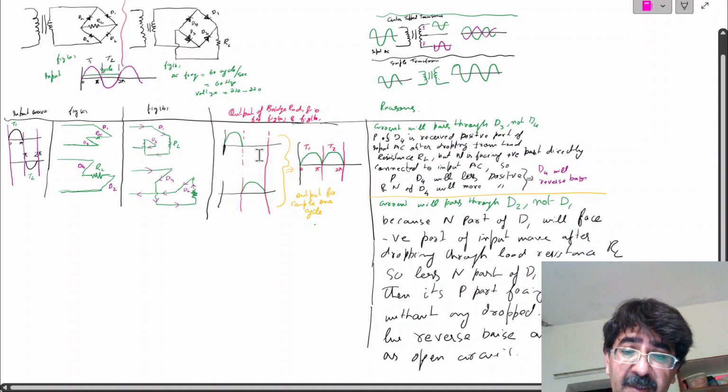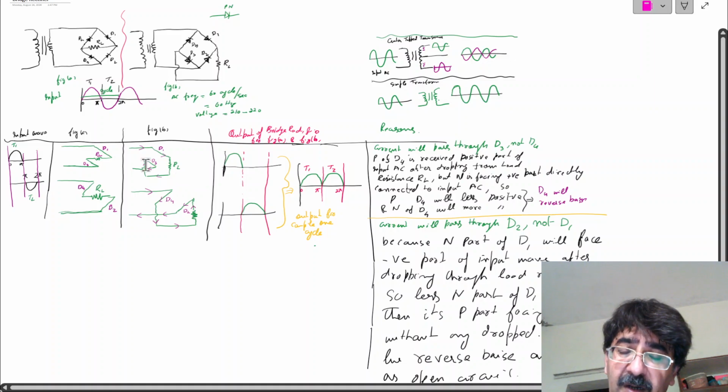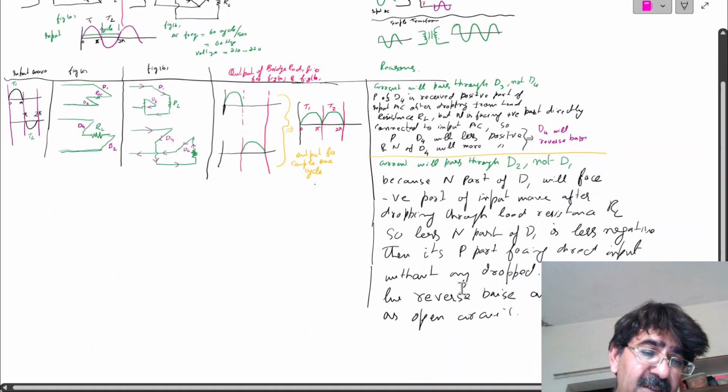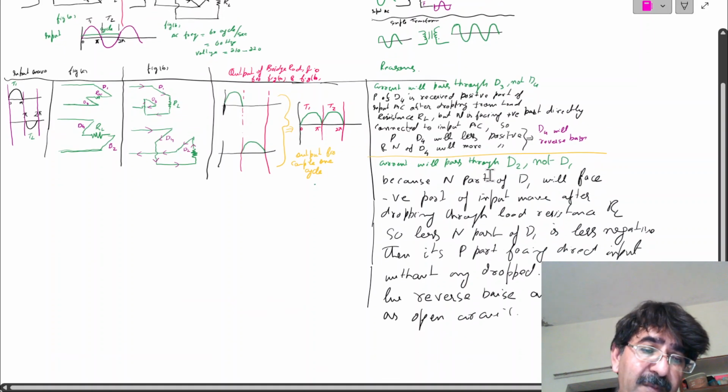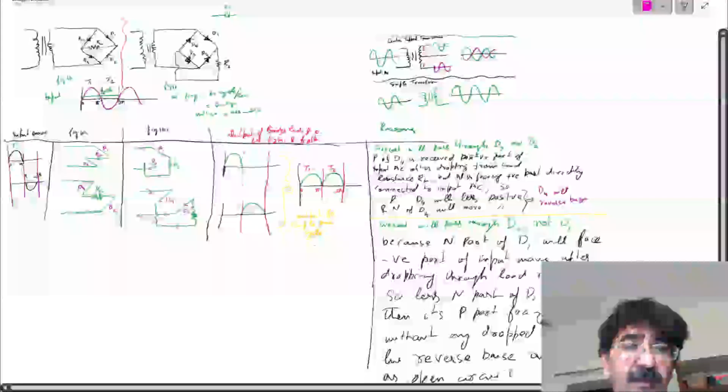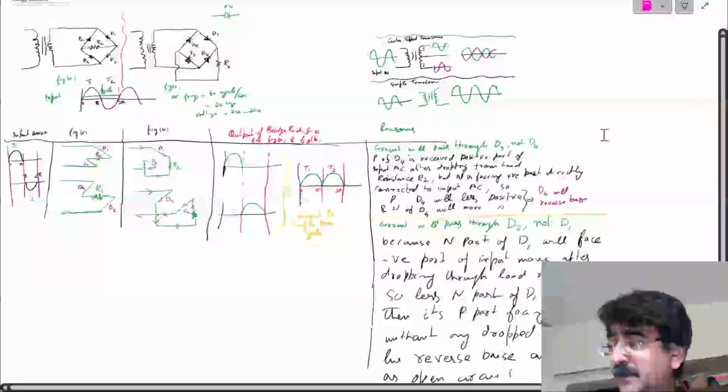Fig A represents this and fig 2 is equivalent to fig B, and these are the output waves for T1 and T2, and the combined result has positive ripples only. That is exactly the same as the center tap full wave rectifier. So why current passes through D2 and not D1, I have explained for T2.